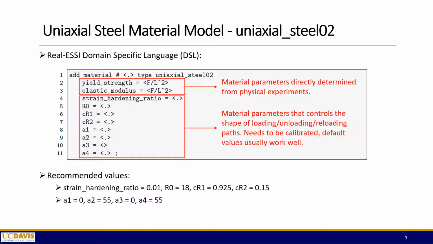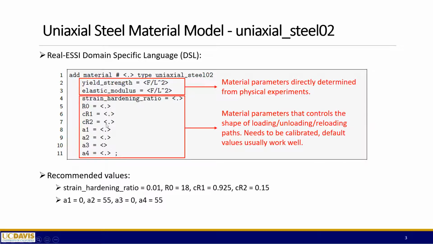Other than those two physical parameters, you have a number of additional parameters that can be used to better shape your stress-strain behavior. Those material parameters control the shape of the loading, unloading, and reloading path, and they usually need to be calibrated. But according to our experience, the default values usually work well, especially for steel rebars, where in most practical uses you are only given those two physical parameters.